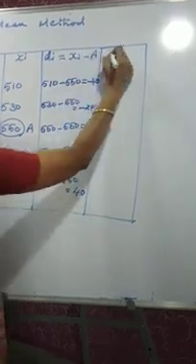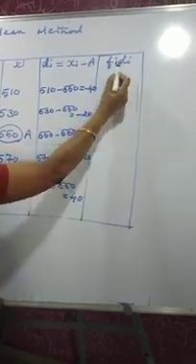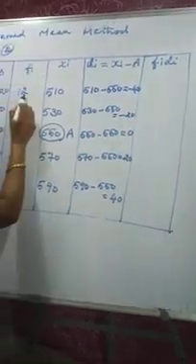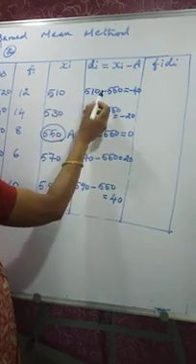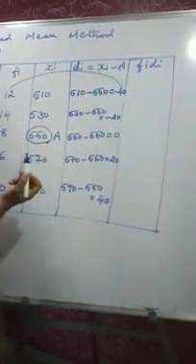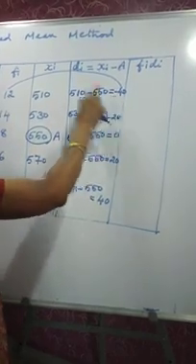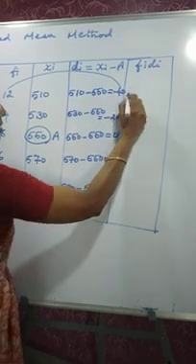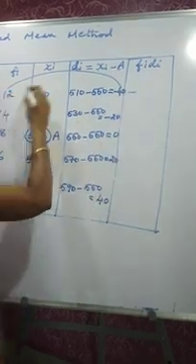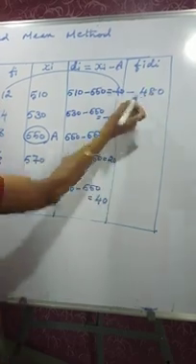The last column we are going to make is fi di. Fi is the second column, di is the fourth column. So this fi and di we are going to multiply. It is a positive number and this is a negative number. Plus into minus gives minus result. 12 into minus 40 becomes minus 480.